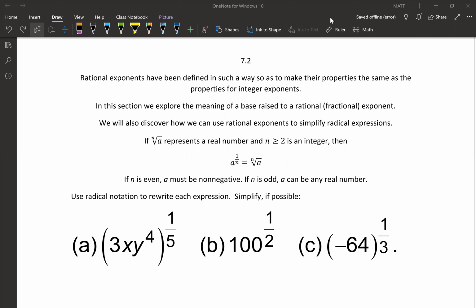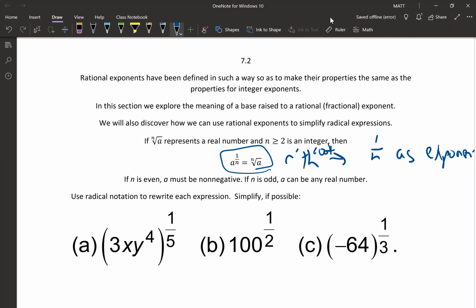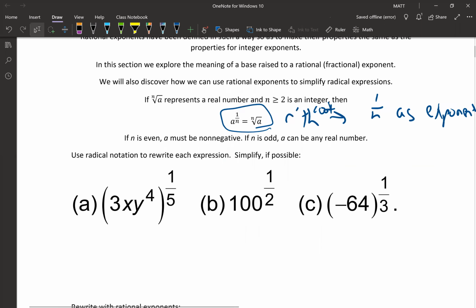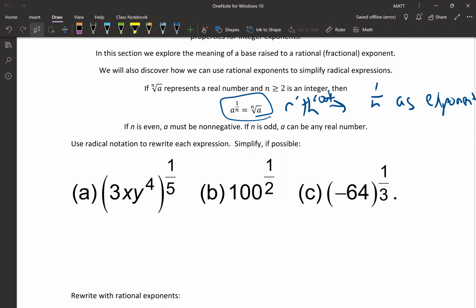All we're saying with this formula is that the nth root of a is the same thing as saying that we have 1 over n as the exponent. So we can use that property to simplify some of these examples.